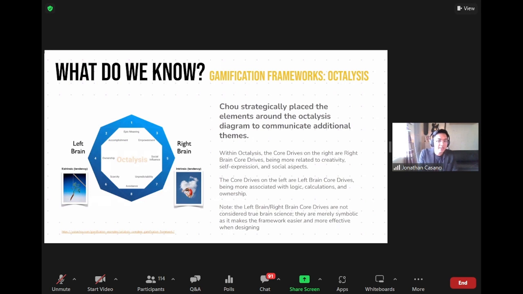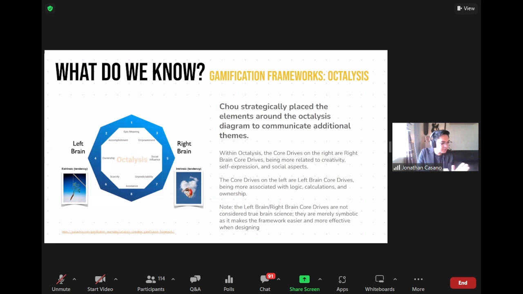These core drives are strategically placed as elements around this octagon to communicate additional themes like right brain and left brain gamification. So within Octalysis, the core drives on the left are left brain core drives: accomplishment, ownership, scarcity.